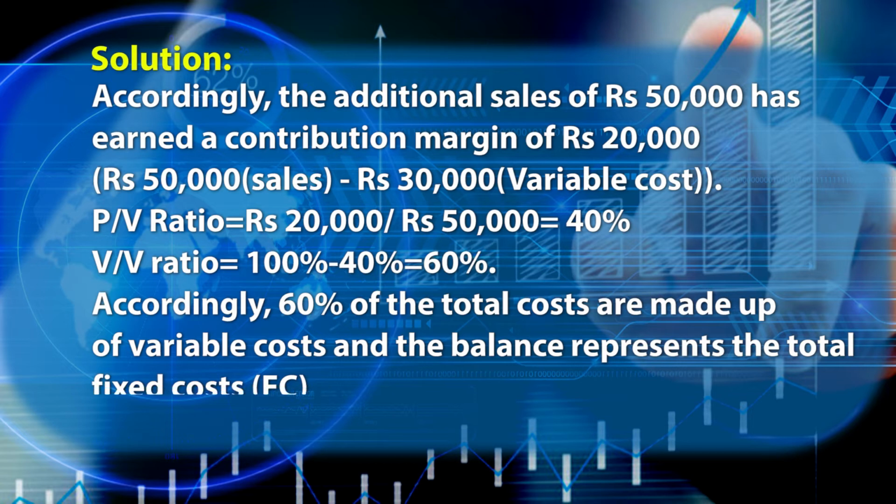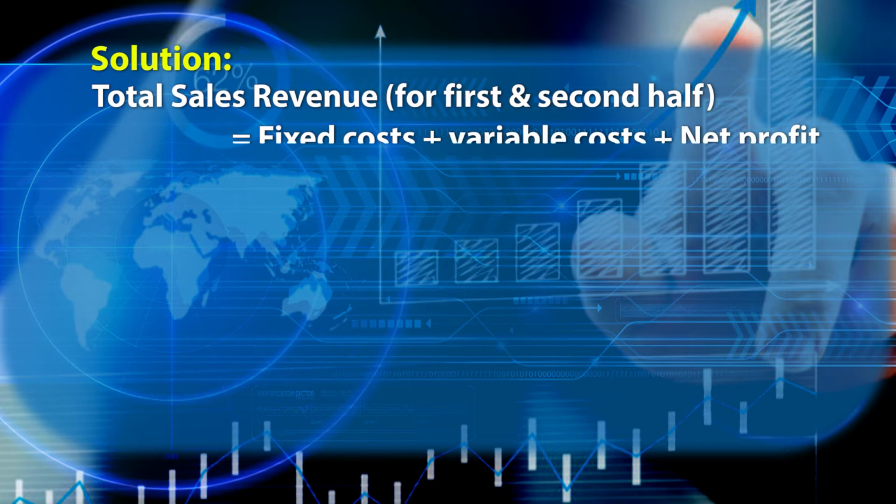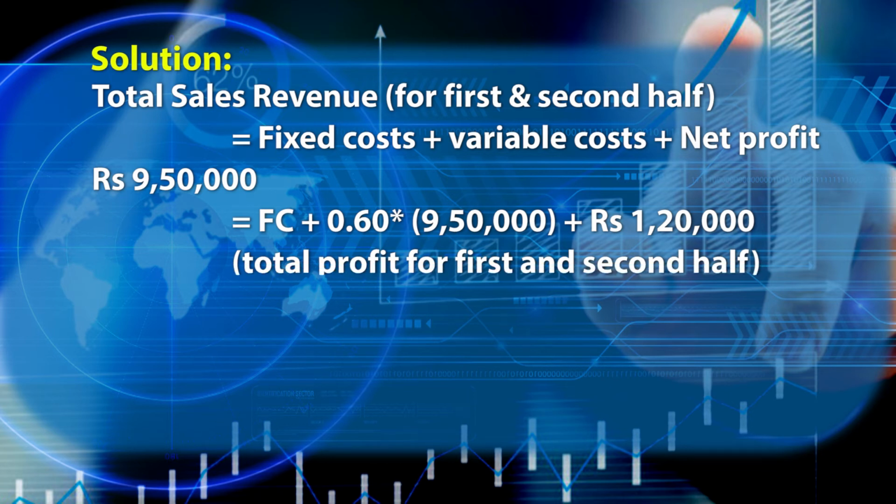Accordingly, 60% of the total cost is made up of variable cost and the balance represents the total fixed cost. Total sales revenue for first and second half is equal to fixed cost plus variable cost plus net profit. Rupees 9,50,000 is equal to fixed cost plus 60% of 9,50,000 plus rupees 1,20,000, that is total profit for first and second half.